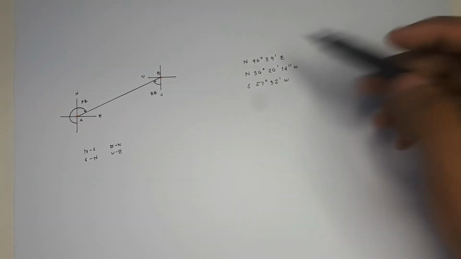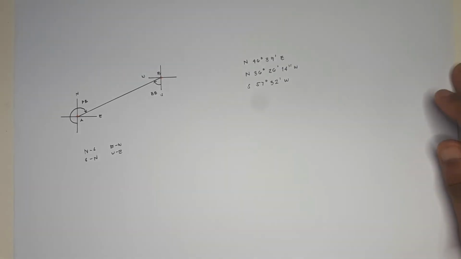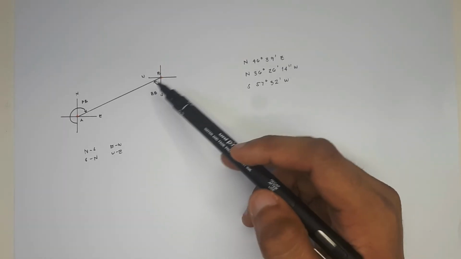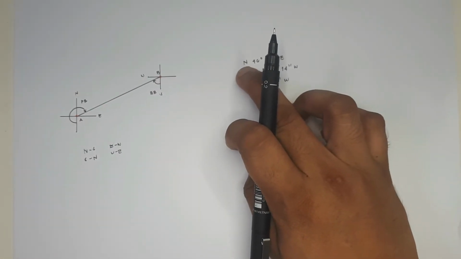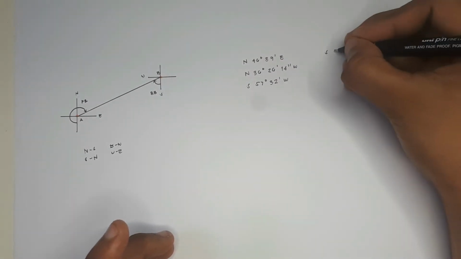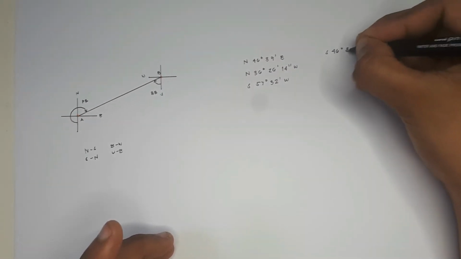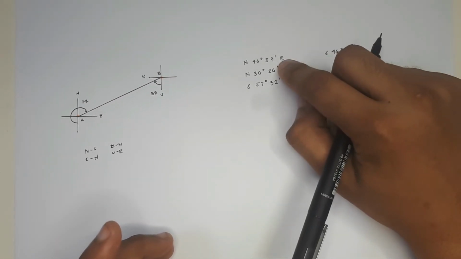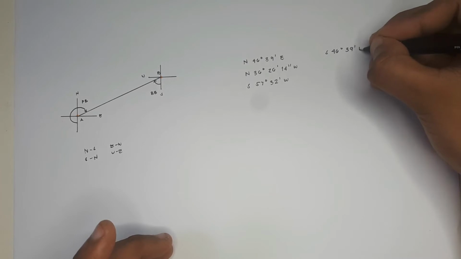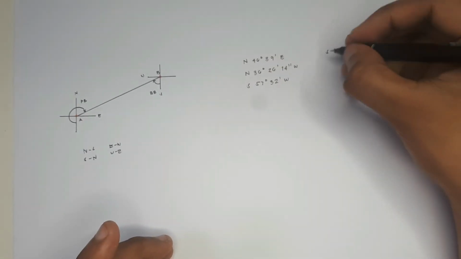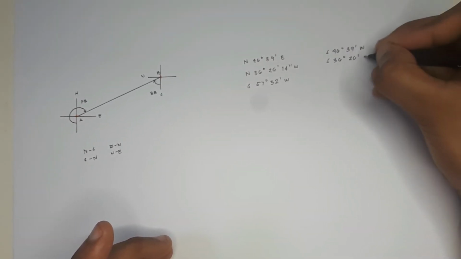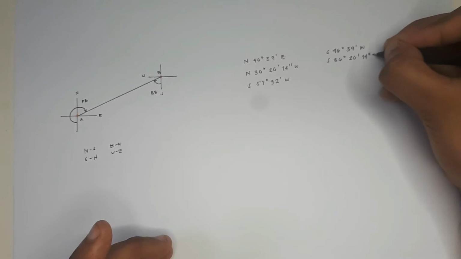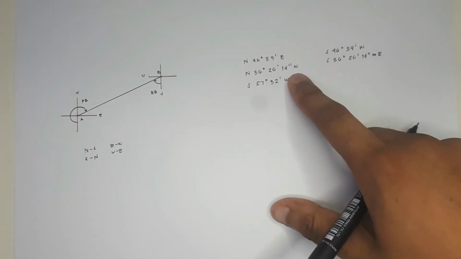So how do we get those bearings? So simple, we just have to follow this illustration. So we have here north, so north changes to south, so this will be south 46 degrees 39 minutes, and since we have east here, we will change it to west, so this will be west. Same thing here, so south we have 36 degrees 26 minutes 14 seconds west. So this will become east since we have west here.